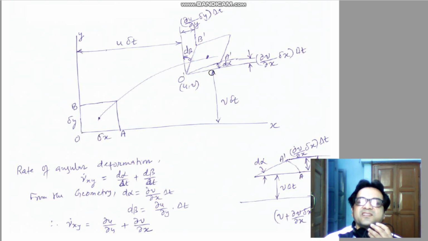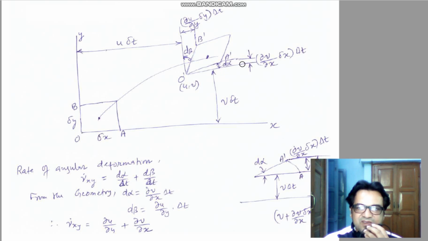Now what is this? Vertical distance v into delta t, because along the y direction it's moving with velocity v, multiplied by the time will give you the displacement. Similarly, along the x axis it is moving with velocity u, multiplied by delta t, so this is the displacement u delta t.